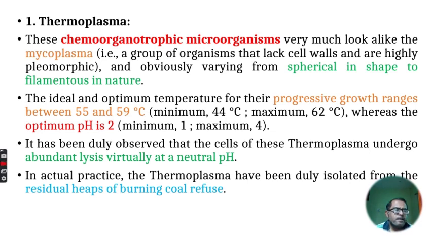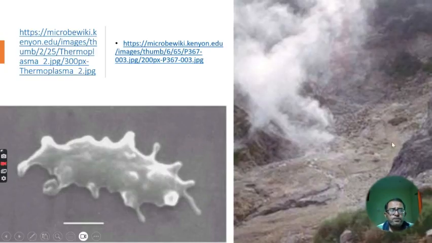These thermoplasmas can be easily isolated from the burning coal refuse, which is used in generating electricity, which is obtained from the coal burning process. So these are the places where thermoplasma bacteria can be easily observed. It is easily growing there.